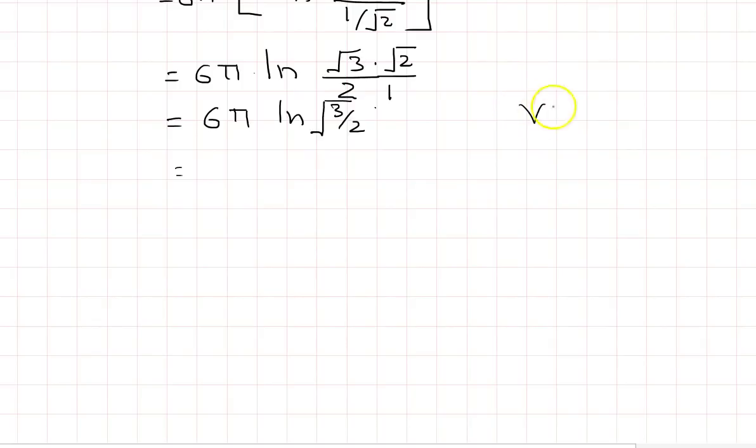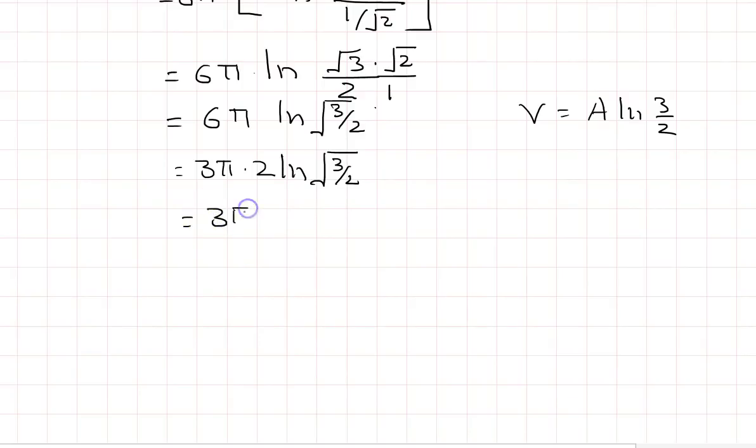But we have to prove that V is equal to a ln 3 over 2. This is, we have root 3 over 2. If we get the square of it, let's write 6 pi as 3 pi multiplied by 2, ln root 3 over 2. So this will be equal to 3 pi.